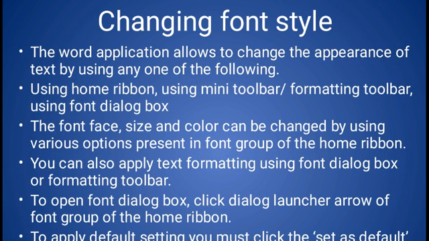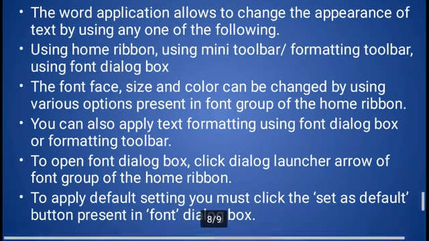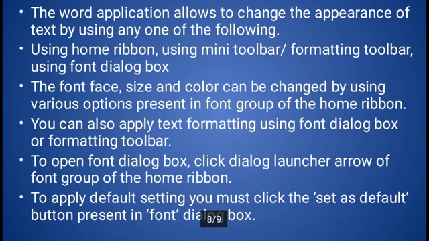The font face, size and color can be changed by using various options present in the Font group of the Home ribbon. You can also apply text formatting using the font dialog box or formatting toolbar. To open the font dialog box, click the dialog launcher arrow on the Font group of the Home ribbon.